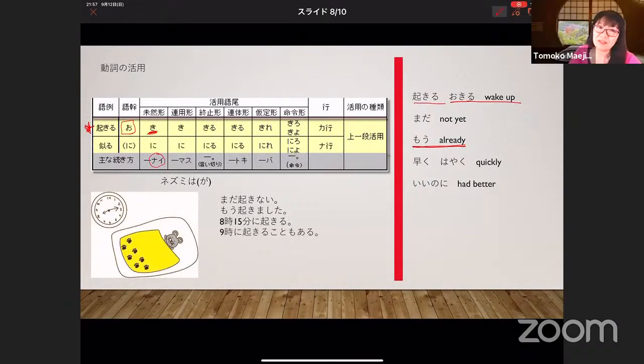But he sometimes wakes up at 9 o'clock. So sometimes is こともある. Remember? こと is a noun, so just use the terminal form.